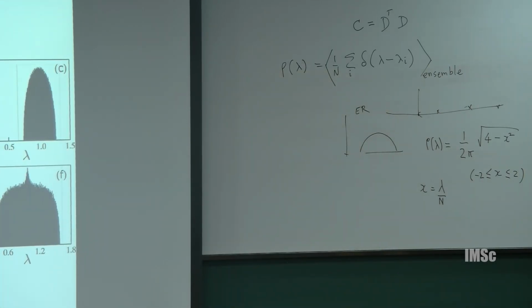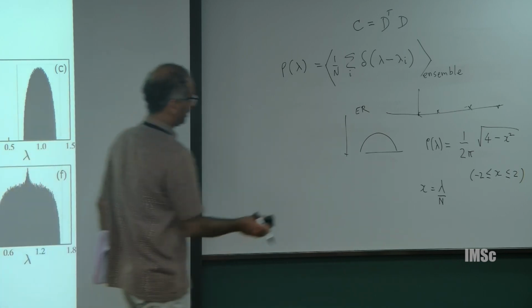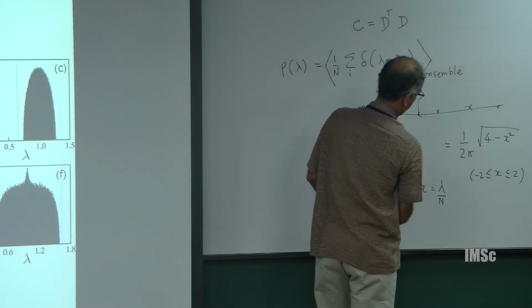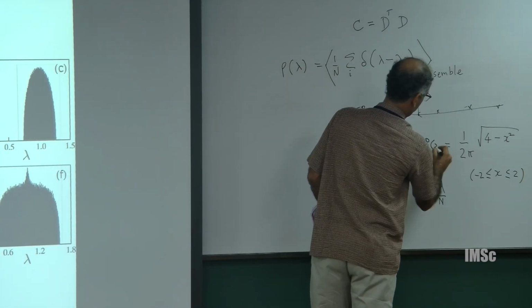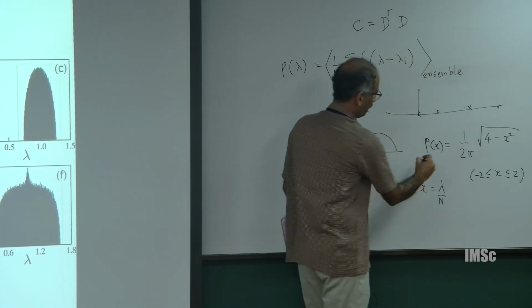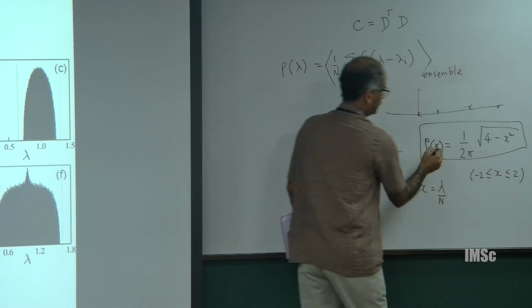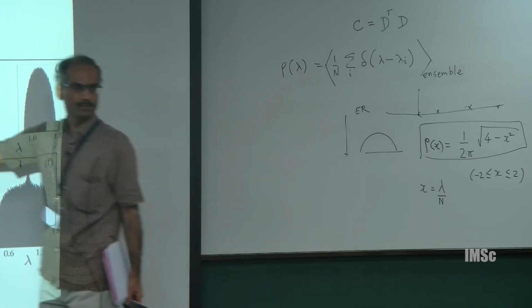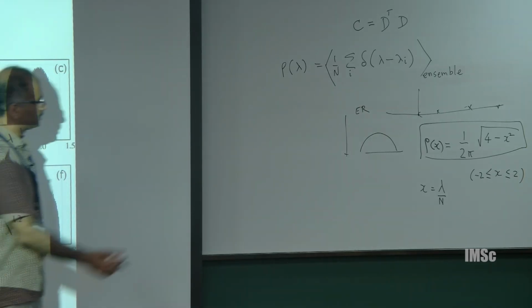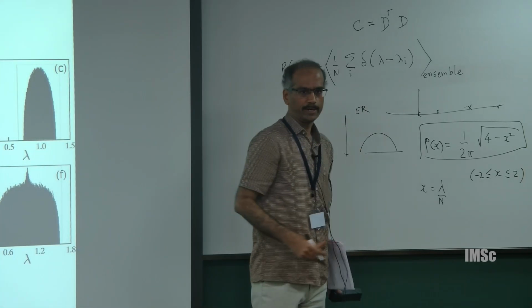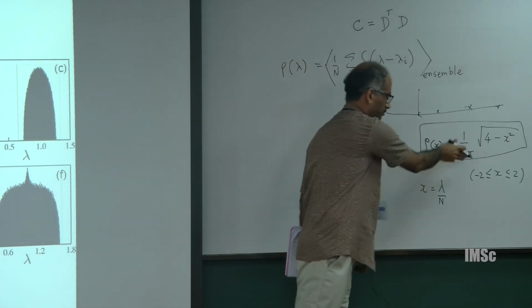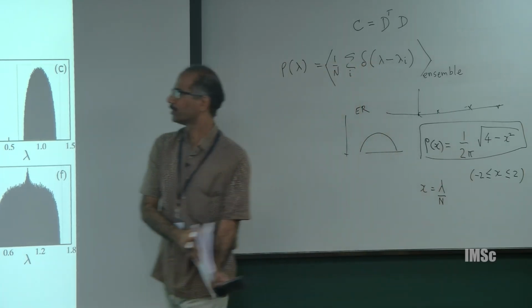Rho of x should be in x, not lambda. So it will fall in this form, and this form is exactly the semicircle form. Just try and plot that, the square root of 4 minus x square, that is semicircular. This is simply some normalization constant.